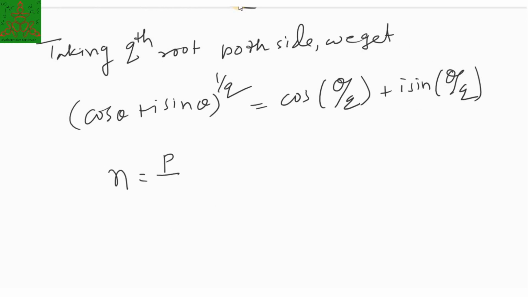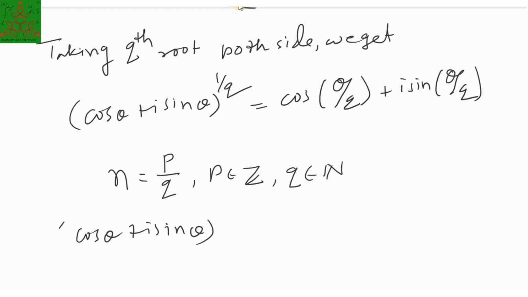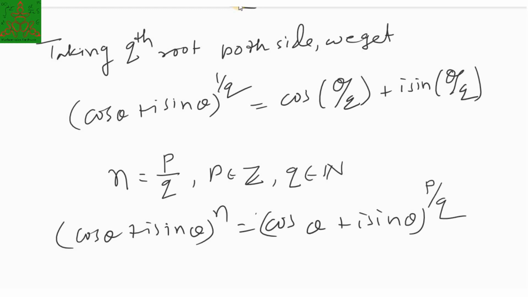And n, which is a rational number of the form p by q, where p belongs to Z and q belongs to N, if I start with (cos theta plus i sin theta)^n, that is (cos theta plus i sin theta)^(p/q). So we can write this as cos p theta plus i sin p theta, due to the result being true for integers.